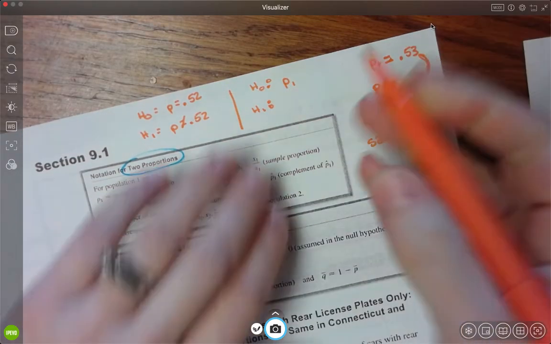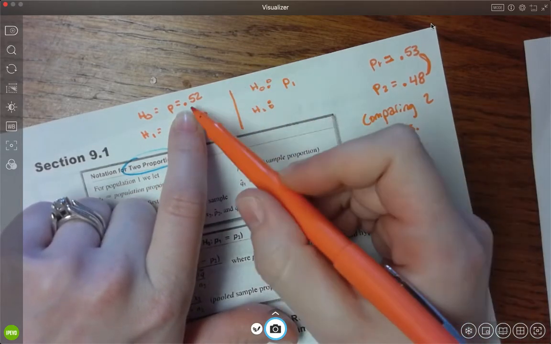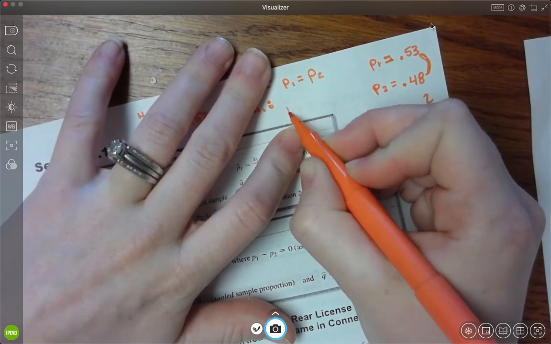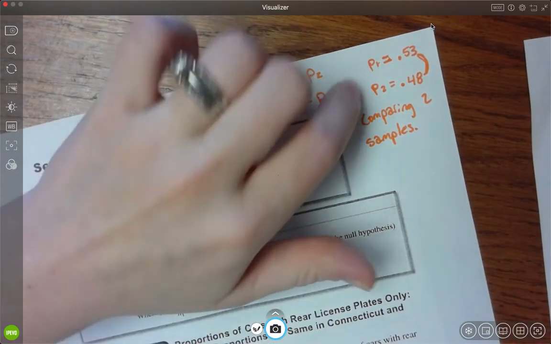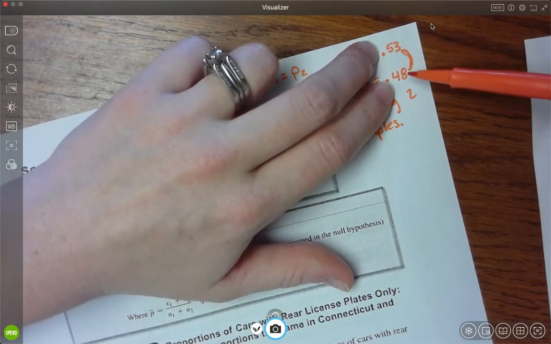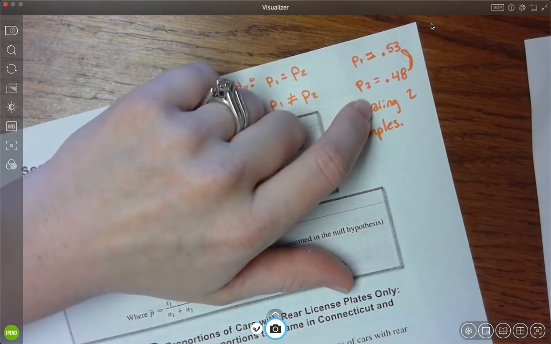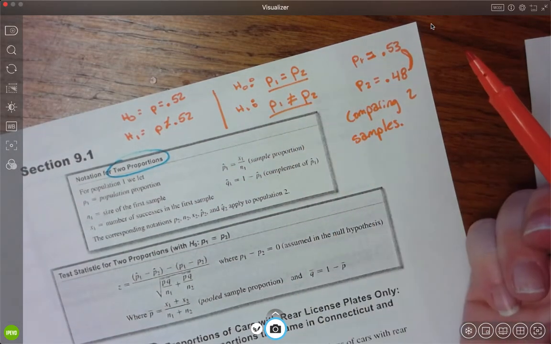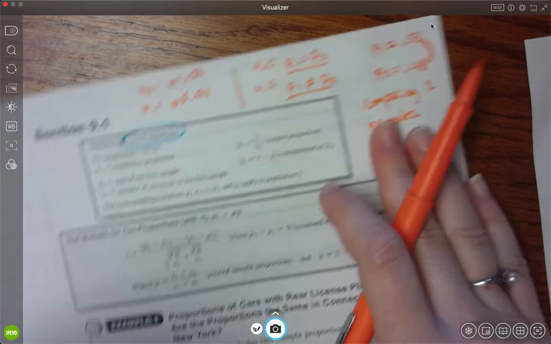Instead of our null hypothesis comparing to a certain number, we're saying that P1 is equal to P2, and the alternative is that P1 is not equal to P2. If we have two different samples, it's not likely that they're going to have exactly the same proportion of girls, but we're asking whether 0.48 is close enough to 0.53 to say that those two have the same amount of girls in each sample. This is what our work is going to look like this chapter, where we're comparing two proportions instead.